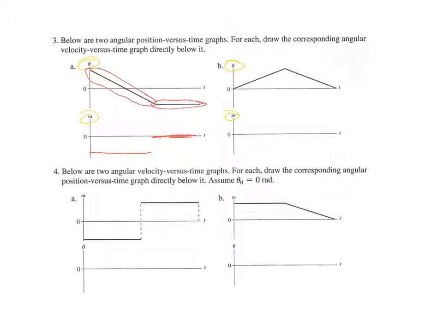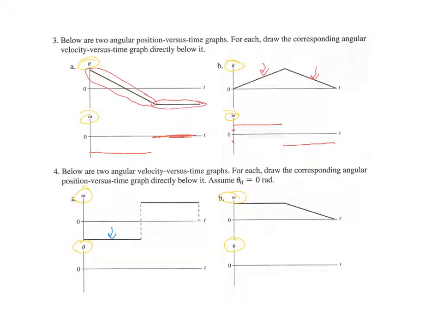Same thing for B. What's the slope of this line here? It's positive. So I need a positive line, or a positive horizontal line. Now the slope of these are the same, so this distance and this distance has to be the same, and I'm just guesstimating it out, and they seem to be like that. For 4, it's different. We're going backwards, so it's just the opposite of what we did.